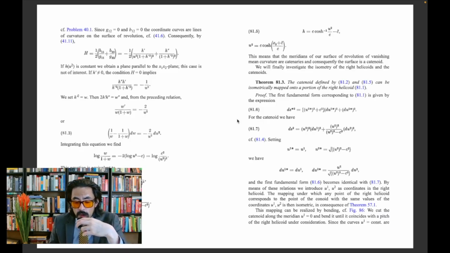By means of these relations, we introduce u1 and u2 as coordinates in the right helicoid.